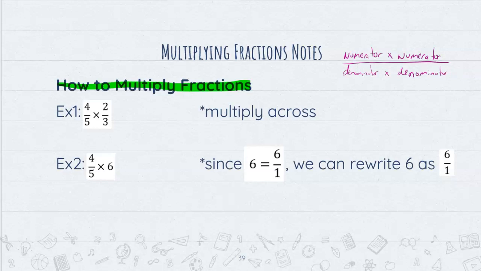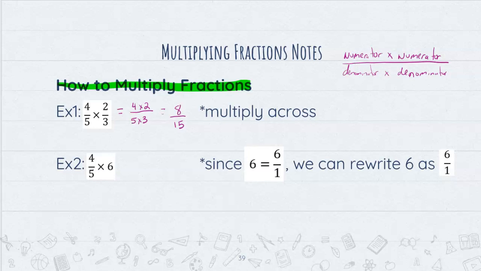So if we look at our first example, 4 over 5 times 2 over 3. So in our numerator is a 4 and 2, and our denominator is a 5 times a 3. So if I multiply 4 times 2, I will get 8. 5 times 3, I will get 15. So we get to multiply straight across.